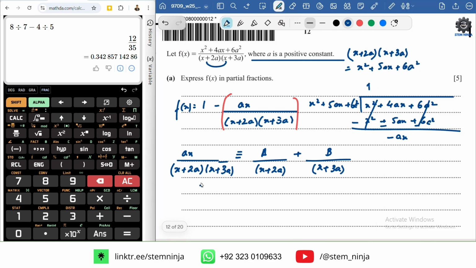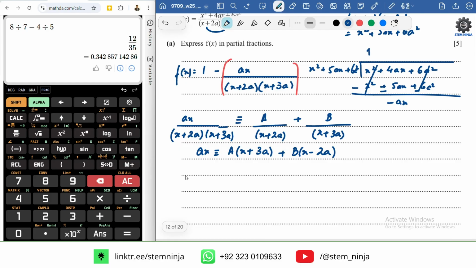So therefore, that one would be ax identical to a times by x plus 3a plus b times by x plus 2a. Right? Okay, so like we have two clear values.